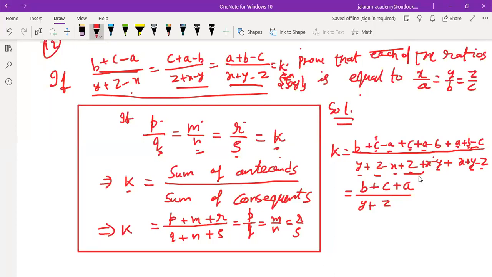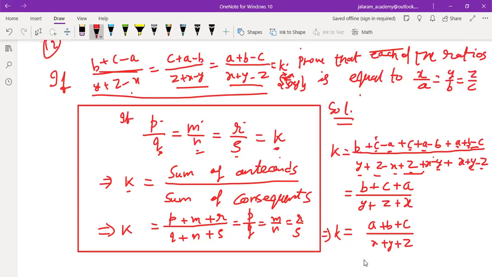Again, minus x plus x cancelled out, so the last term is again x. If we rearrange them, (a plus b plus c) over (x plus y plus z) equals k. So k equals a plus b plus c upon x plus y plus z.